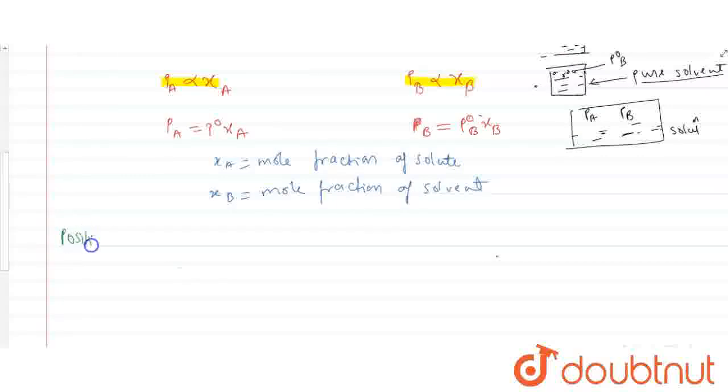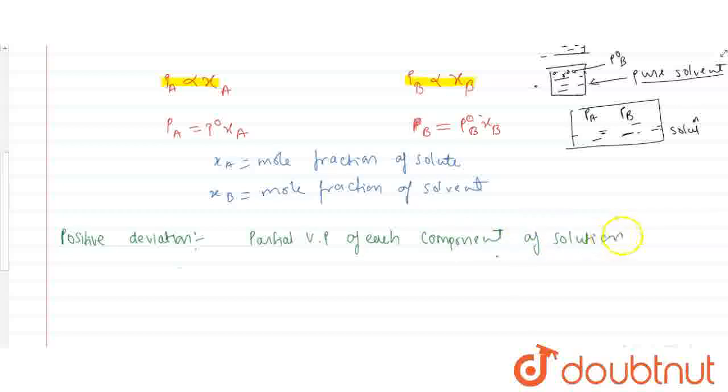Positive deviation means the partial vapor pressure of each component of the solution is greater than that calculated from Raoult's law.